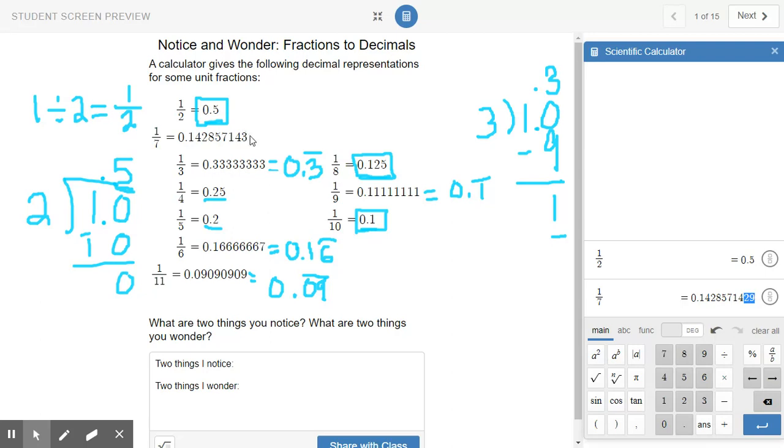For 2. And then it said a 9, okay? This is actually a repeating decimal as well. It's just got a really long list of numbers repeating.